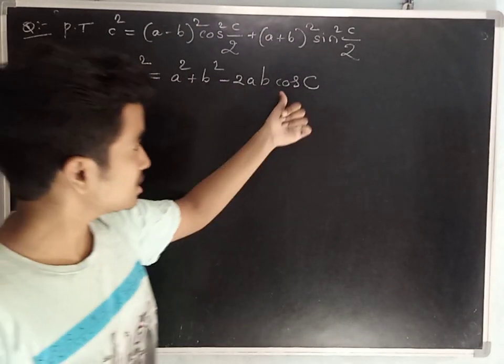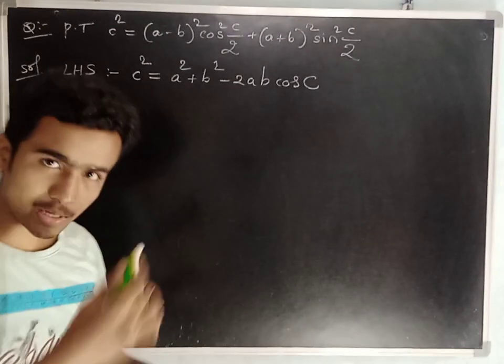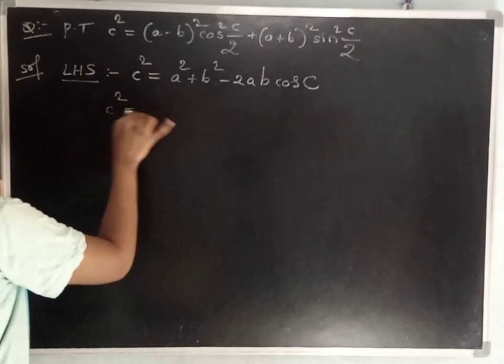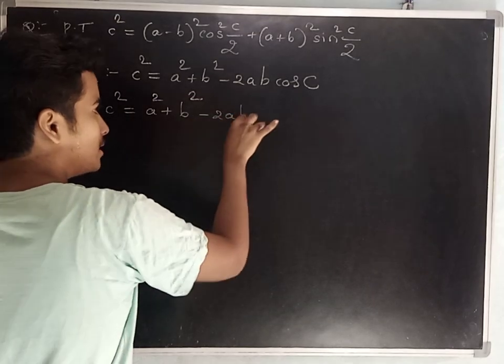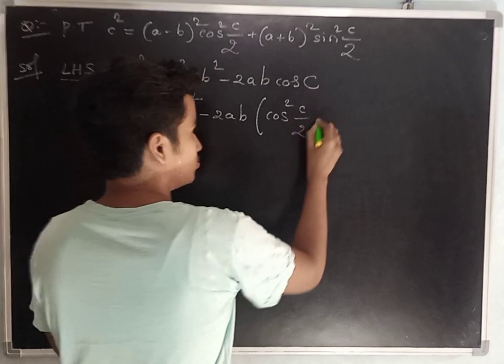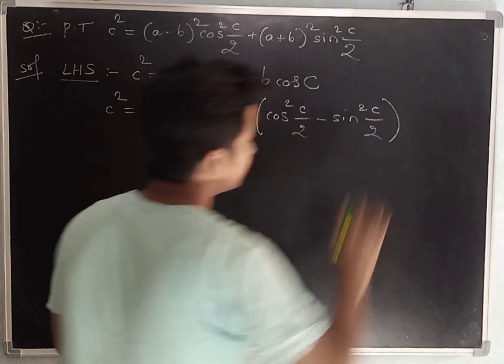So cos C is nothing but cos square C by 2 minus sin square C by 2. So c square is equal to a square plus b square minus 2ab into (cos square C by 2 minus sin square C by 2), right?